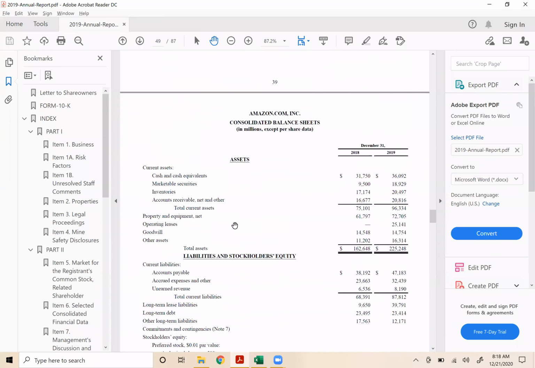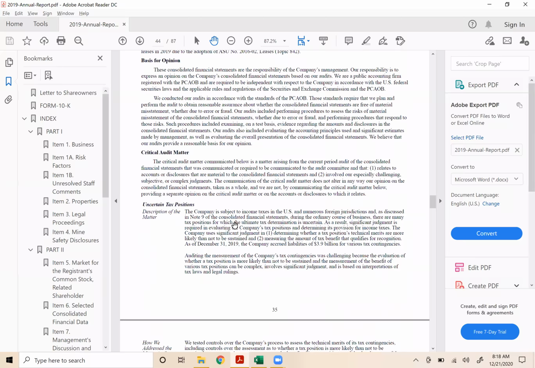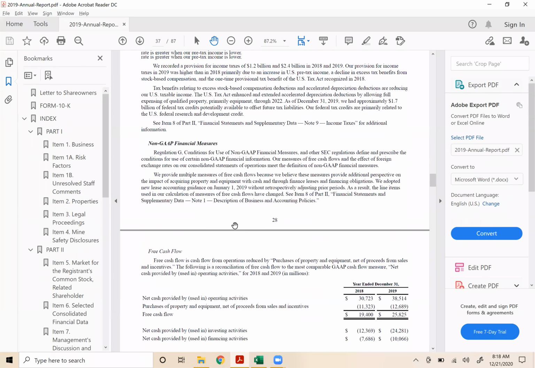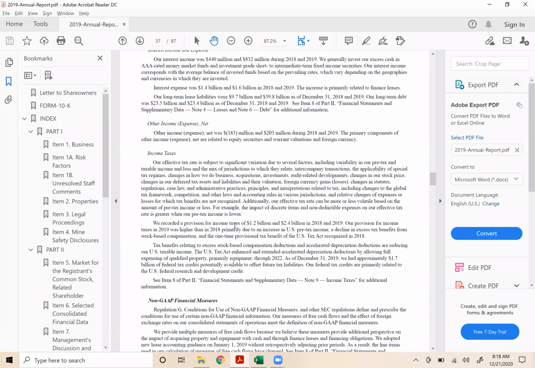They talk about it, and they specifically say, here it is, other income. Other income was the value, which we know. The primary components are related to equity securities and warrant valuations in foreign currency.